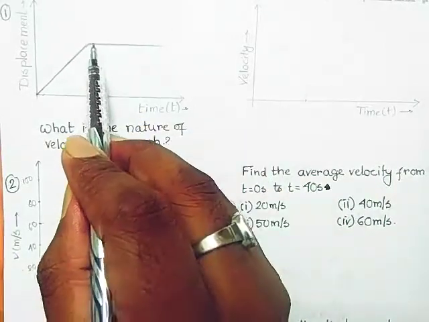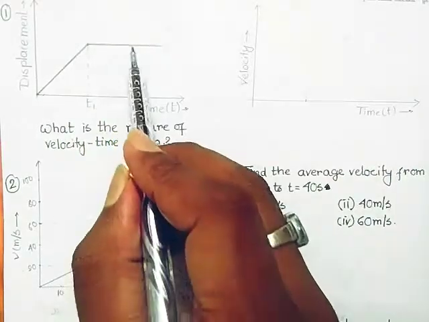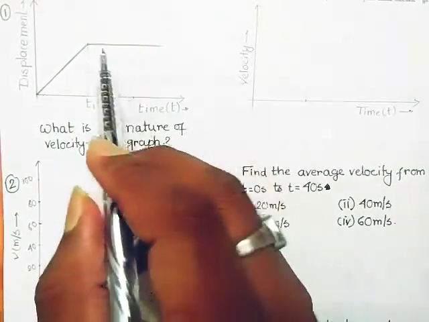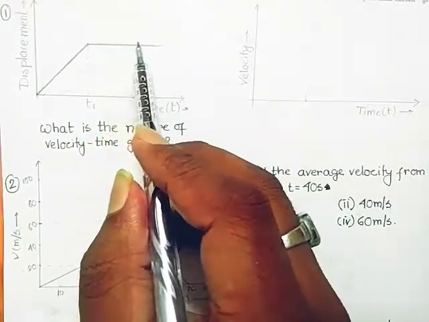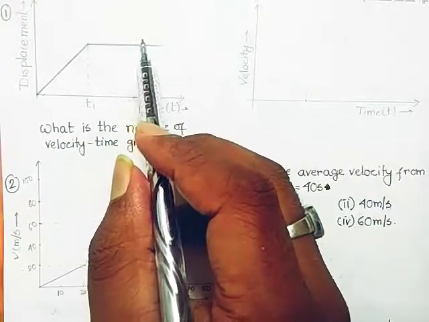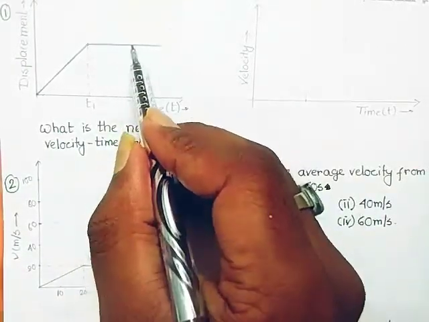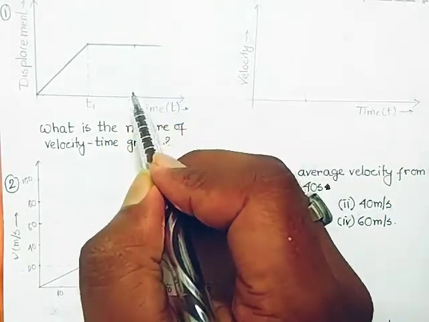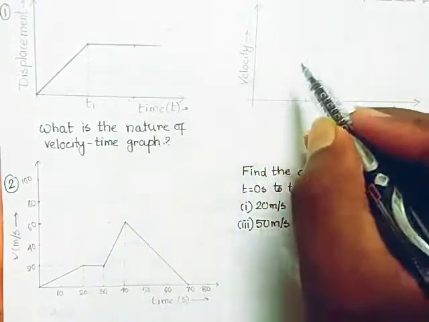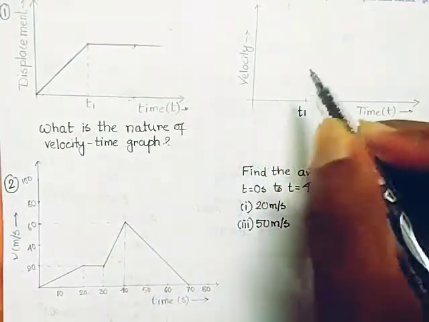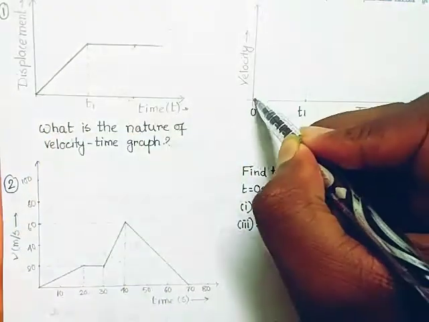After that, the displacement becomes constant, parallel to the time axis. The separation from the time axis is not changing. So the del S will be 0 here, because the slope is 0. Since the slope is 0, the velocity is 0 here. So in this curve, from t equal to 0 to t equal to t1, the velocity is continuously increasing.